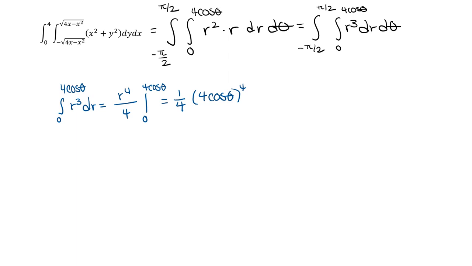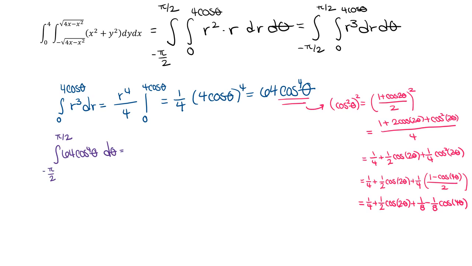And I end up getting a 1/4 and then that entire quantity 4 cosine theta to the 4th. That simplifies down to 64 cosine to the 4th theta. So now I have to integrate 64 cosine to the 4th theta d theta from negative pi over 2 to pi over 2.